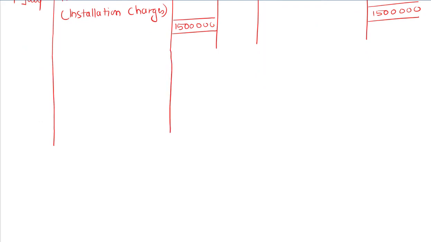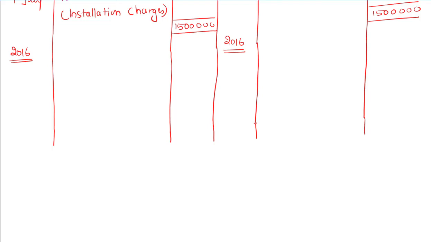Let's draw the account for 2016. Over here, the opening balance will be 14 lakh 25,000, which is the closing balance of last year 2015.